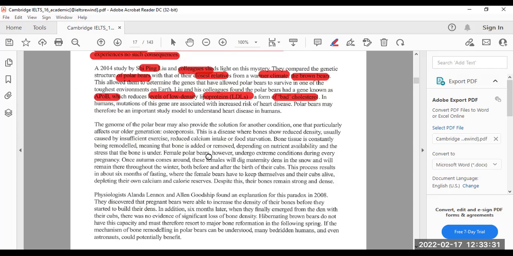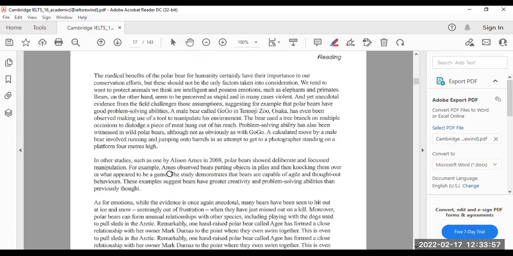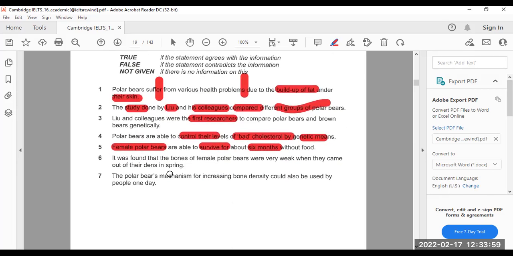So I go with the keywords here. Again, female polar bears. And so see here, this process results in about 6 months of fasting, where the female bears have to keep themselves and their cubs alive. So this statement implies that they are able to survive for 6 months without food. Hence, the given statement is true.